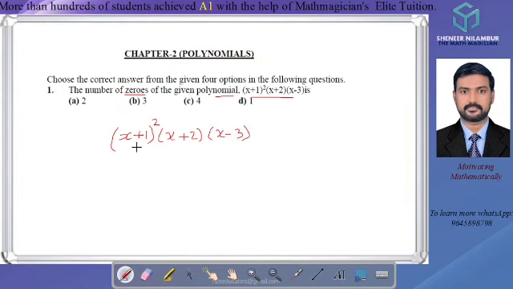This x plus 1 whole square we can write as x plus 1 into x plus 1, and again x plus 2 into x minus 3. Based on each factor we will get 1 zero, so total 4 zeros will be there. So option C is the right answer.